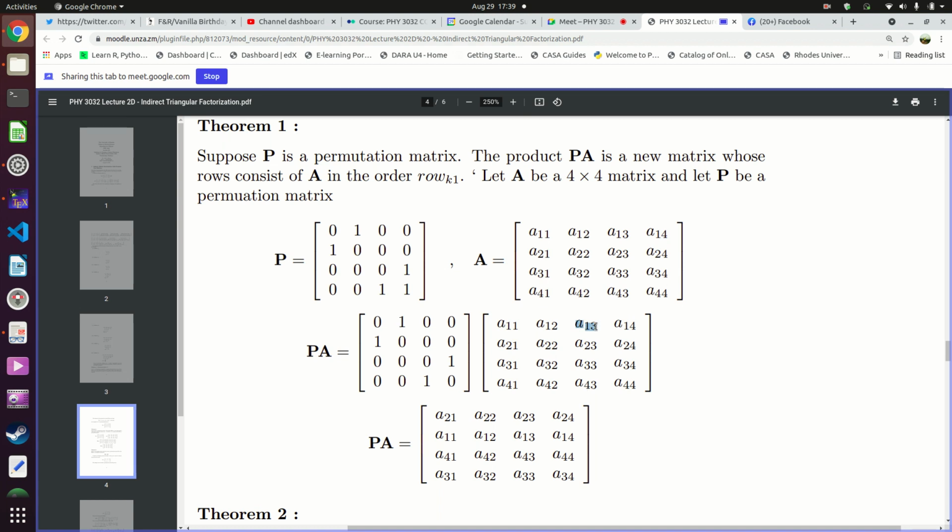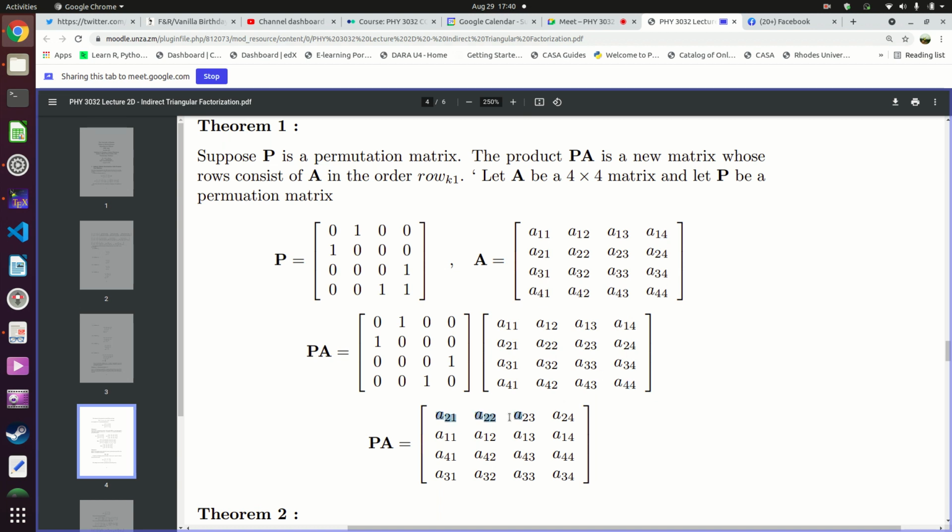So this one will be multiplied by 0, this one will be multiplied by 1, this one by 0, this one by 0, so you end up with A23. Then this one multiplied by the fourth column: this first one will be multiplied by 0, this one by 1, this one by 0, so you end up with this.